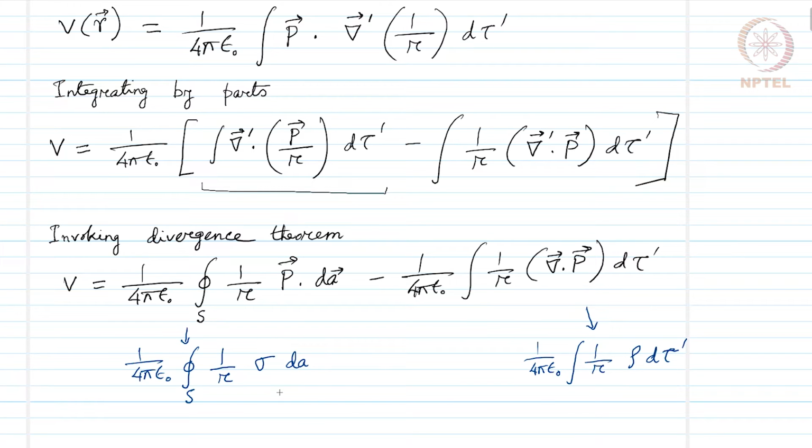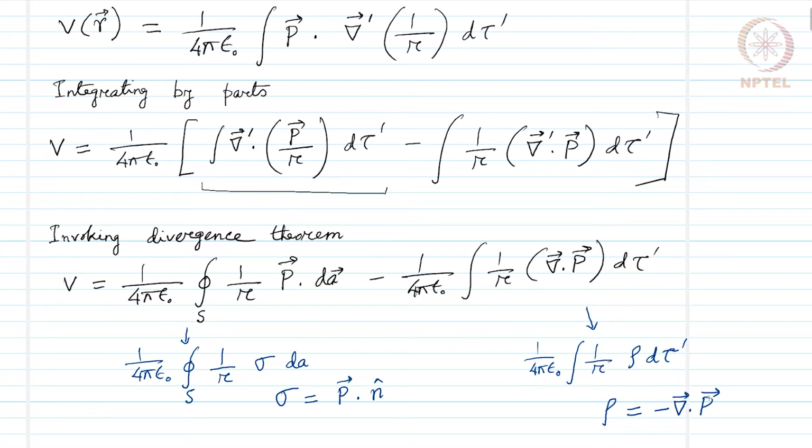Now, comparing these two terms, we can write that sigma equals P dot n cap. n cap is the perpendicular direction to the surface element, and rho equals the negative divergence of the polarization vector. That is what we find.